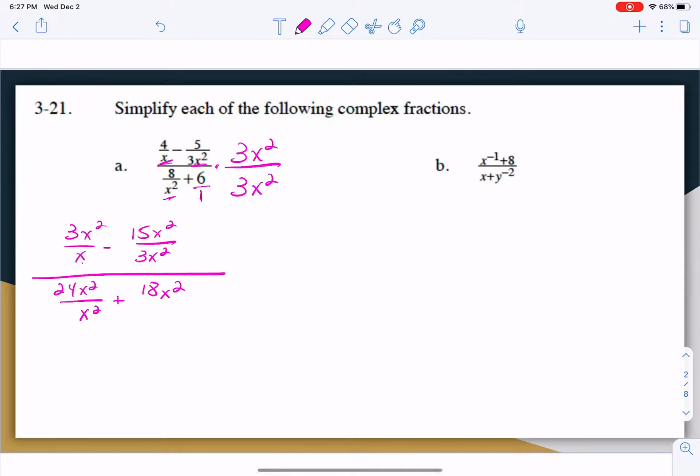3x squared divided by x simplifies to be 3x. 15x squared divided by 3x squared simplifies to be 5. Oh, sorry. That's a 12.